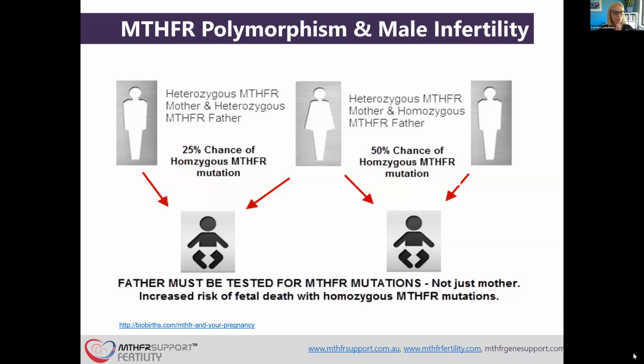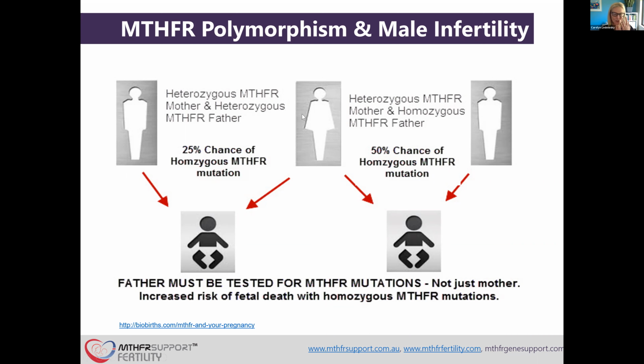Let's say your partner has 1 copy of the MTHFR gene and you have 1 copy of the MTHFR gene. So you're both heterozygous. Your baby has a 1 in 4 chance of being homozygous. And if you or your partner's folate isn't as good as it should be, then the homozygous babies are the ones that are more likely to miscarry.